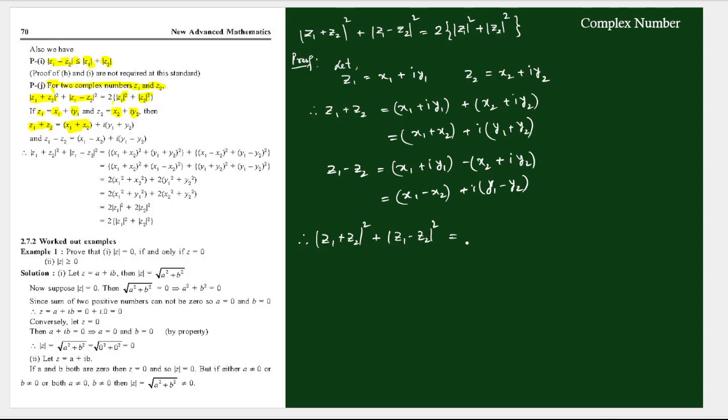So what is z1 plus z2? x1 plus x2... x square plus y square. Do you remember?